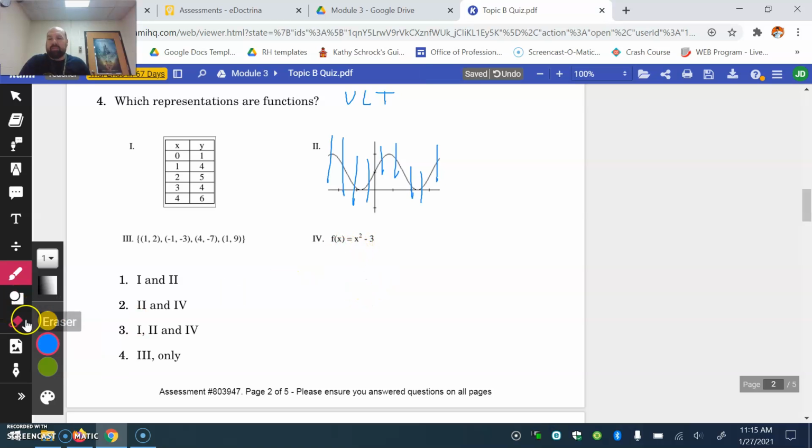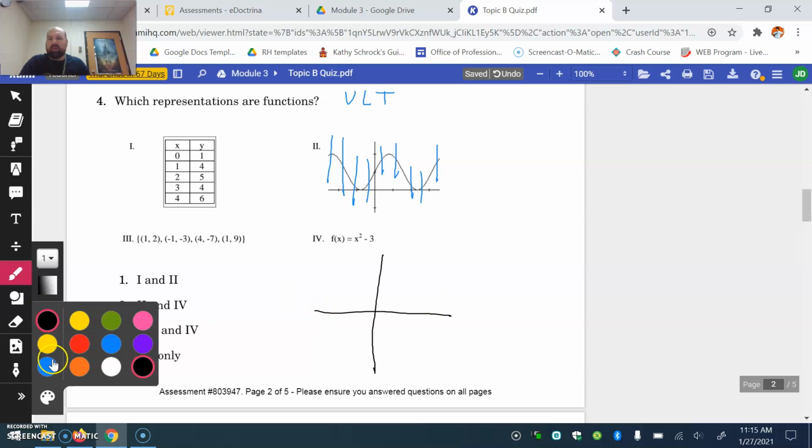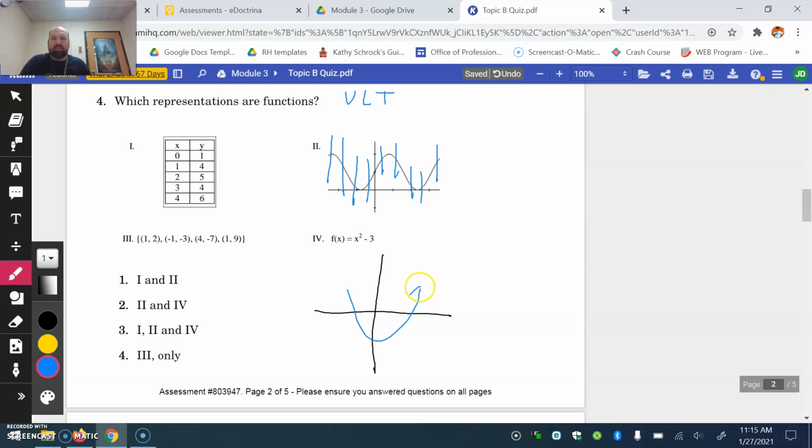Also, for this choice 4, I want you to keep in mind if I'm doing a graph of this, it is going to look kind of like that. I can't remember, it might actually be above it, but it's going to look like this. And again, use your vertical line test to decide if it is a function or not.